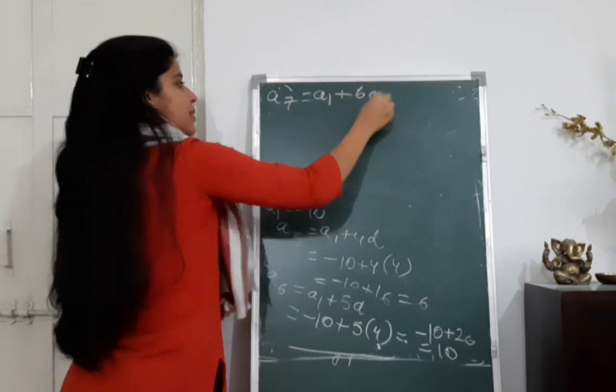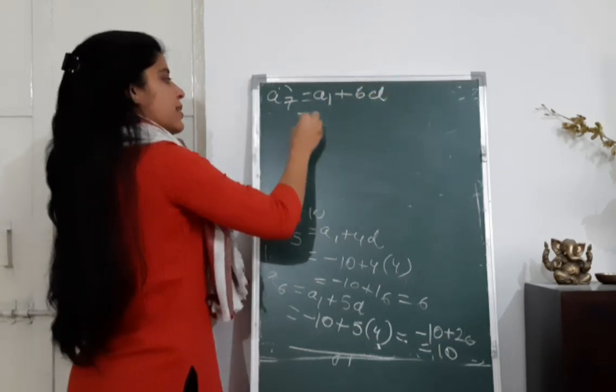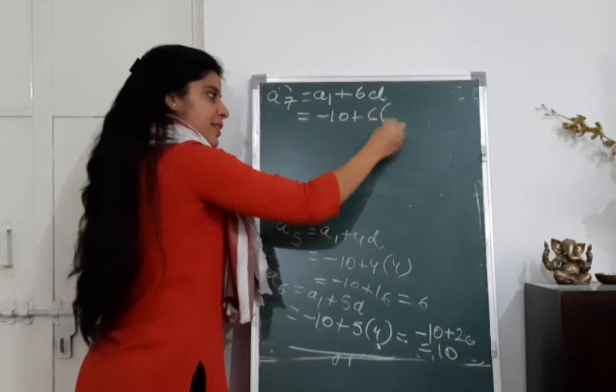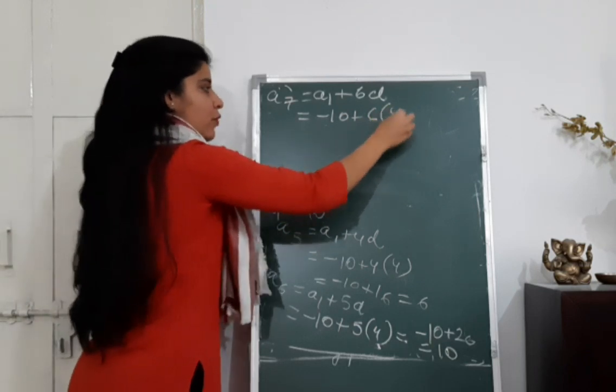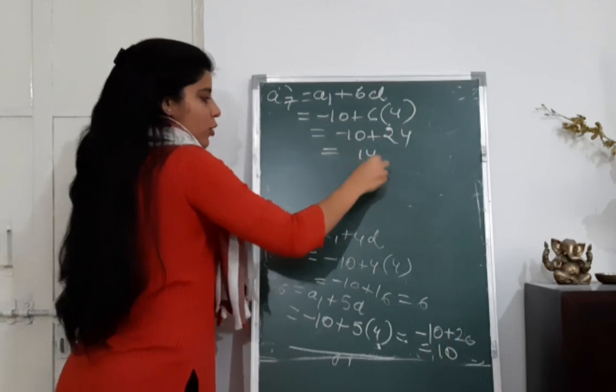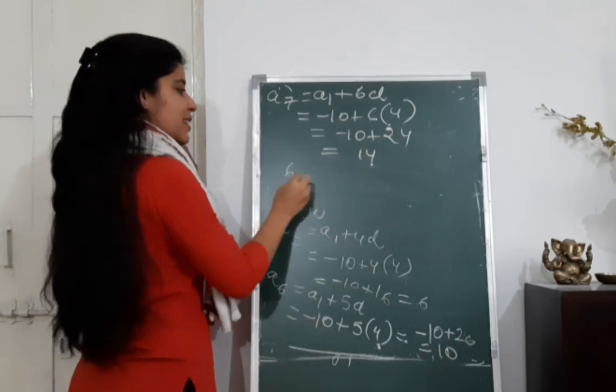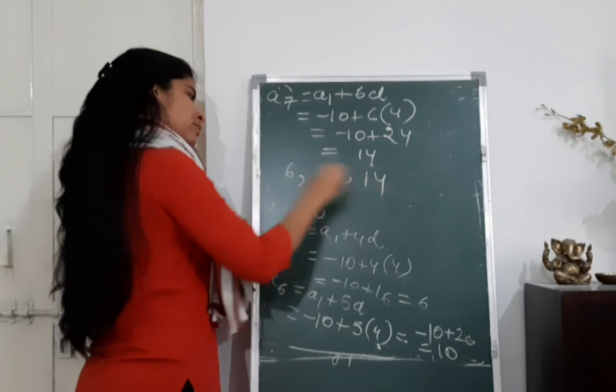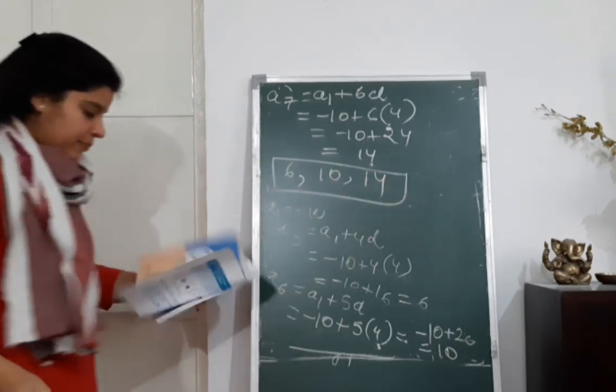A1 plus 6D, which is minus 10 plus 6 into 4, which is minus 10 plus 24, that is 14. So what are the next 3 terms? 6, 10 and 14. Okay.